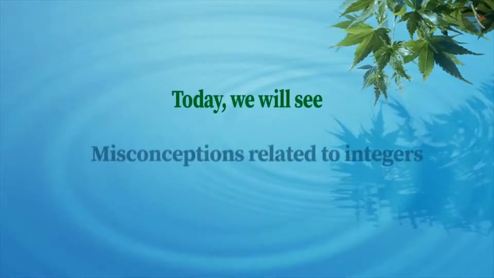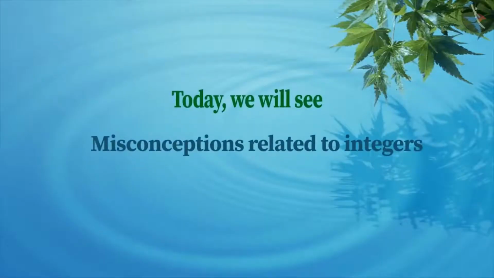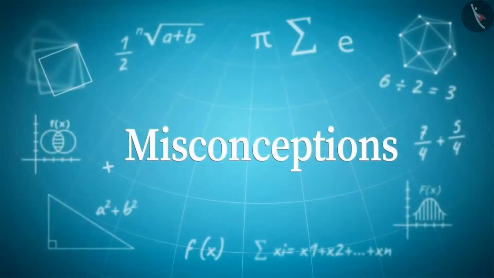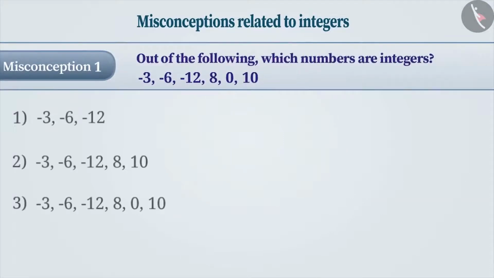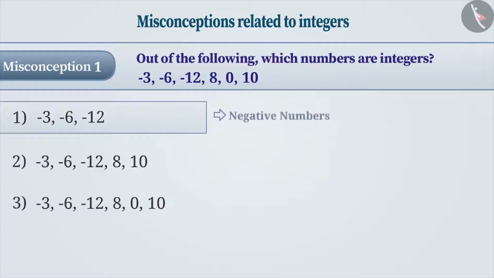Today, we will see some misconceptions related to integers. Misconception 1. Of the following, which numbers are integers? Often, only negative numbers are mistaken as integers, in which case you might choose option 1, which is incorrect.